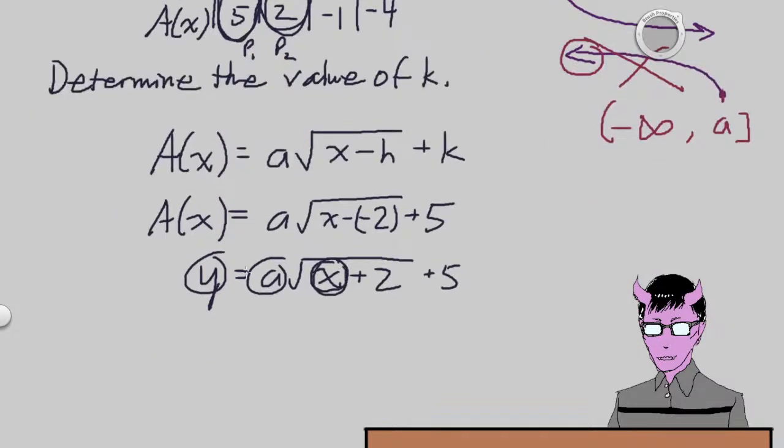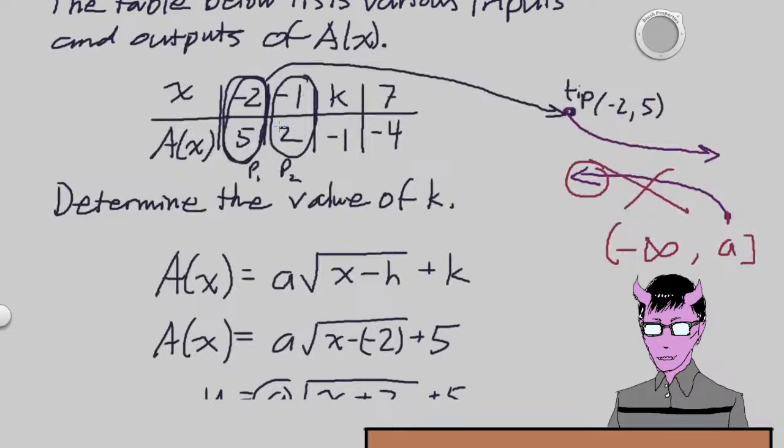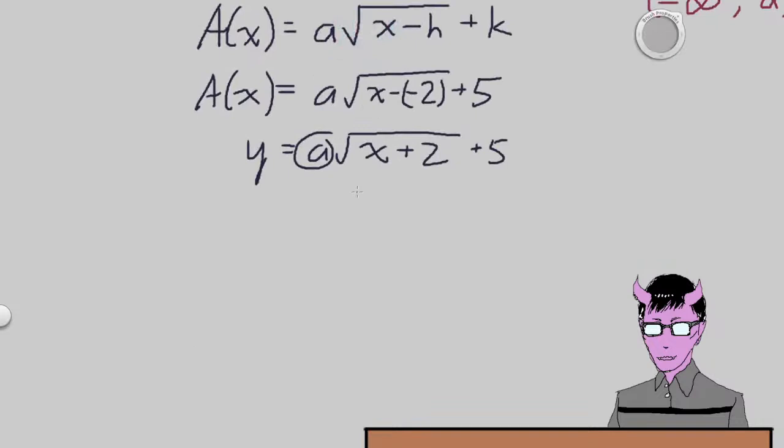It fills out the x letter and the y letter, which leaves us with only 1 letter of unknown, which is the a value, which means we can solve for it. So let us use point number 2. If x is -1, then y is +2. And that should allow us to solve for the a value.